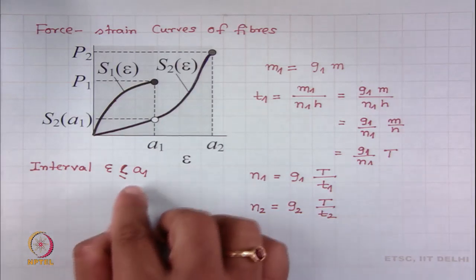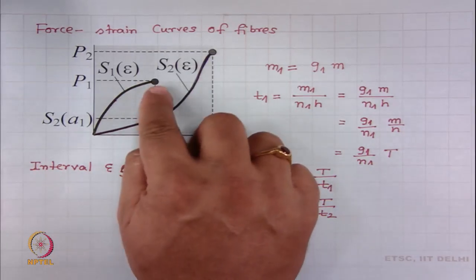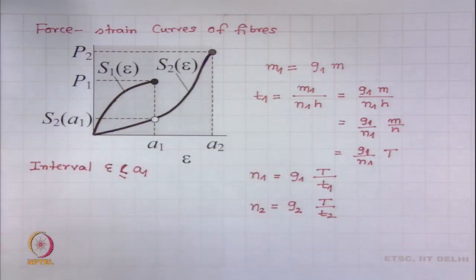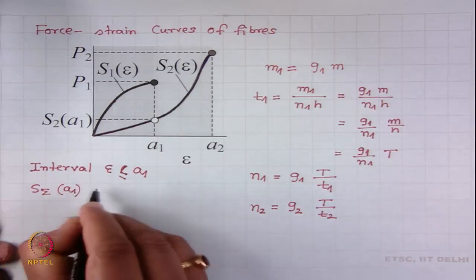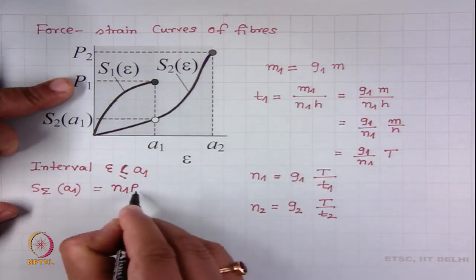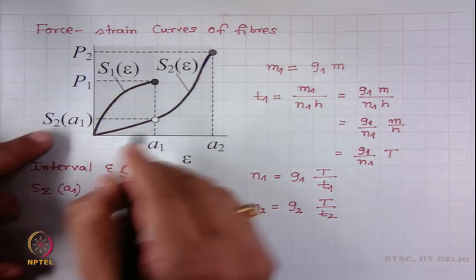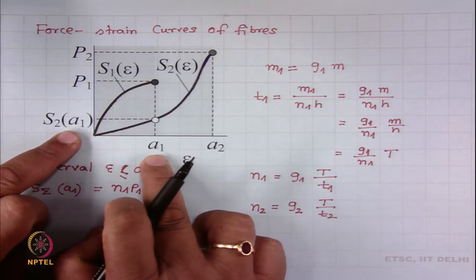So, when epsilon is equal to A1, the force exhibited by type 1 fibers will be N1 P1. So, what will be the force at elongation A1? N1 times P1, plus type 2 fibers are also stretched. What is the force coming from type 2 fibers? At this strain, this is the force, and how many type 2 fibers?